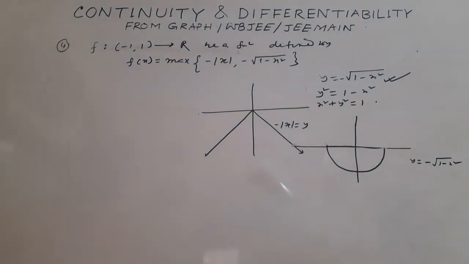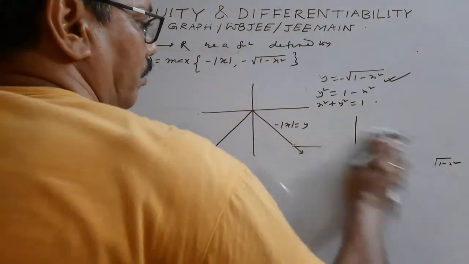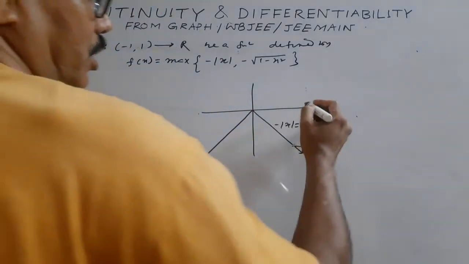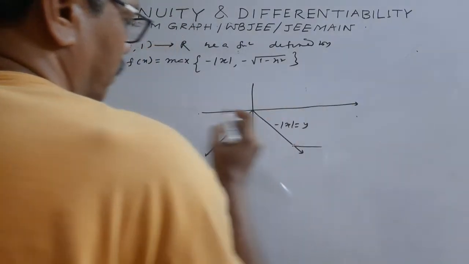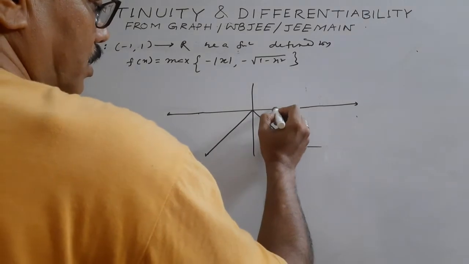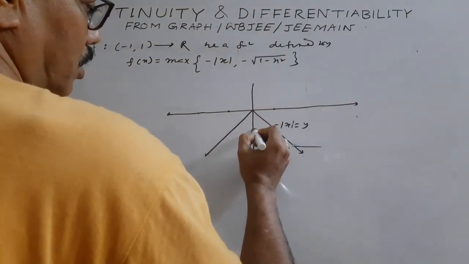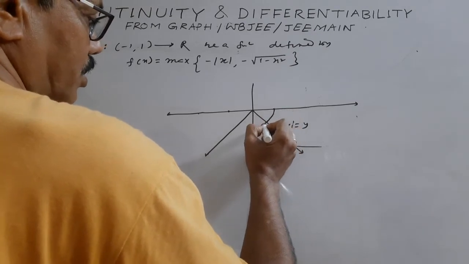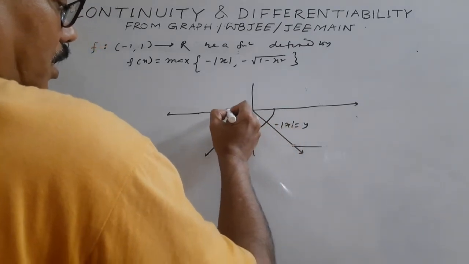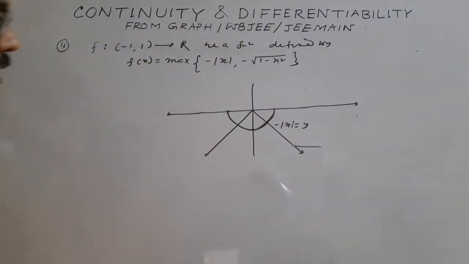Now look, if we draw the graph here, this one is y equals minus mod x, and this is the circular part, the circle below the x-axis.